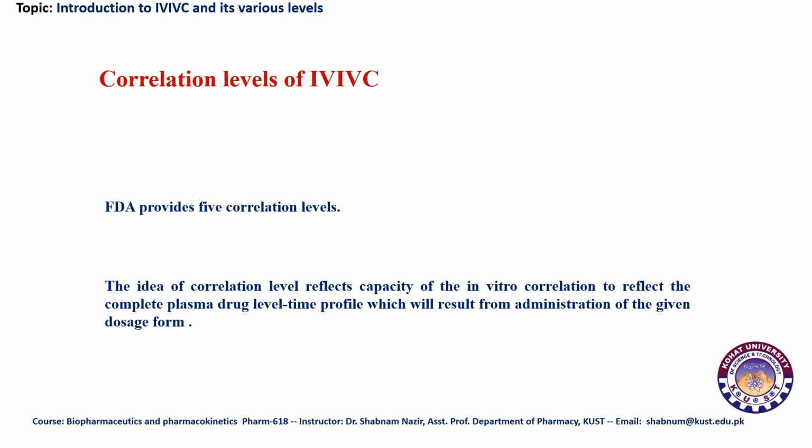It means that when that specific dosage form is administered, what would be its possible plasma level time profile, irrespective of the fact that it is not being determined, the in vitro dissolution is capable of reflecting the same profile through its values along with the time. So basically the idea of the correlation levels is the capacity of every correlation, showing whether this correlation is strong or weak.